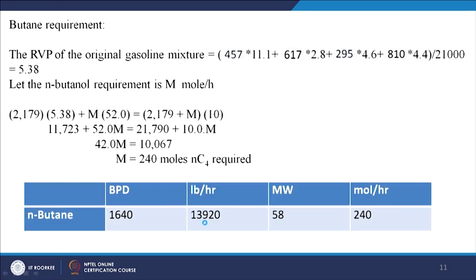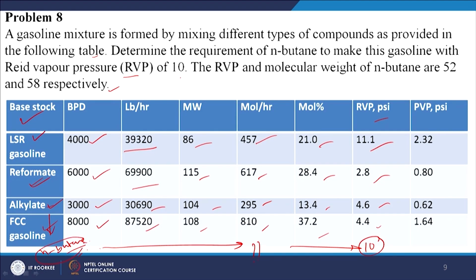In this case, what will be the RVP of the original gasoline mixture, without adding this n-butane? If we take a 1 hour basis, we get mole per hour, and this will be the RVP. So, this into this plus this into this plus this into this plus this into this, sum it up, then divide it by the sum of this.